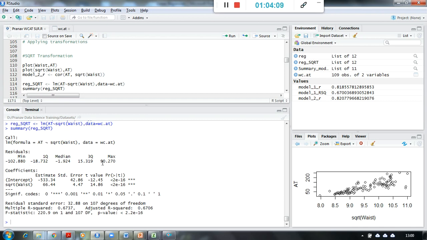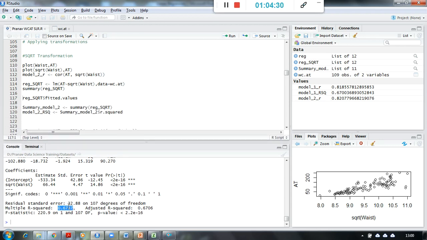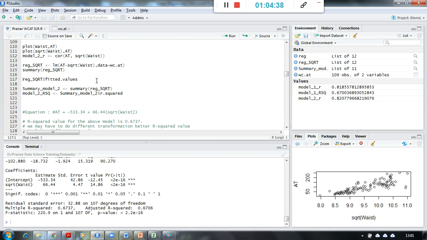This is my new beta naught, this is new beta 1, and my p value is very low, almost 0. R square has improved from 0.67 to 0.6737. Which means I have got a better model than the earlier model, but still, as we know, r square has to be around 0.80, that is 80% or more, or at least close to 80%.